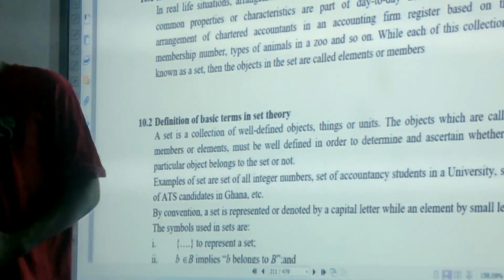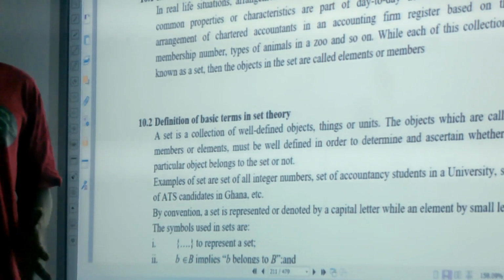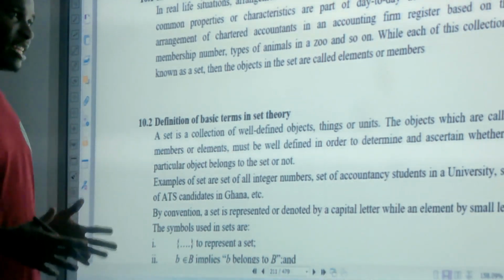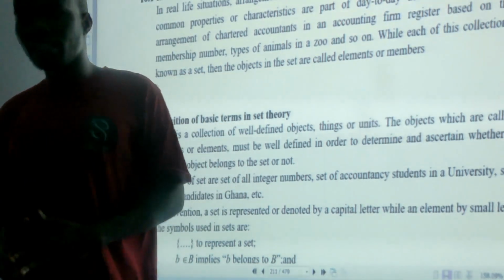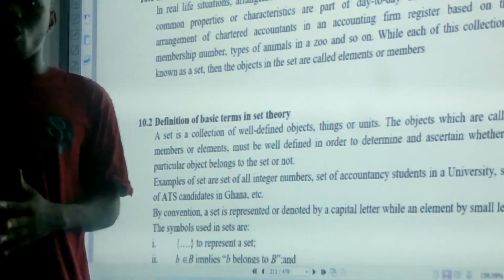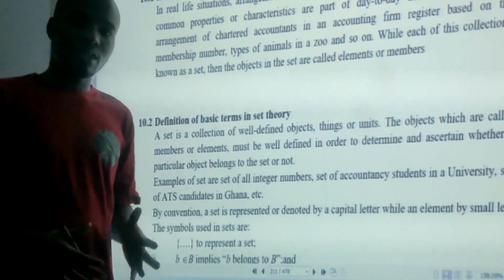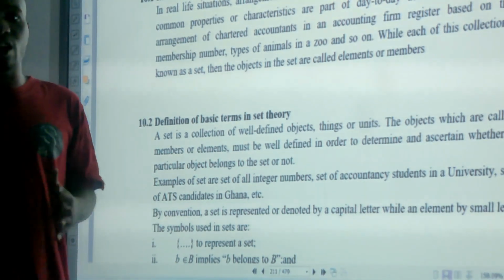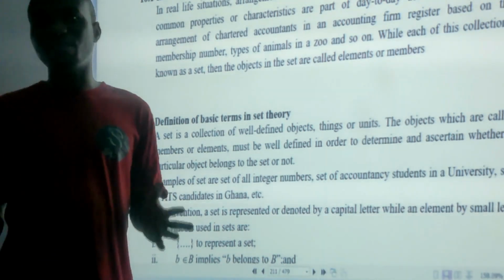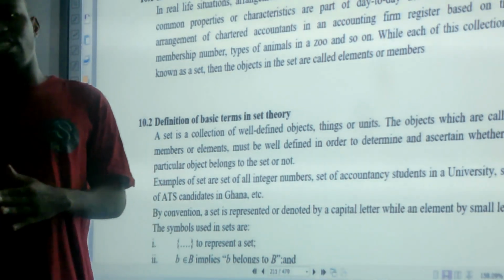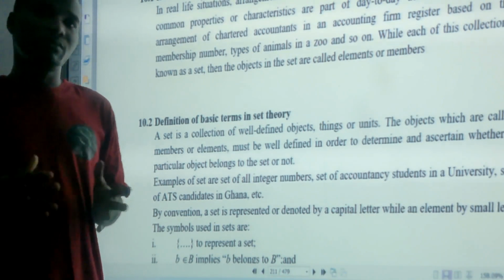When defining a set, we use a capital letter to represent it. So you can define the organization as a whole, or complete set. In that organization we are going to have different departments, and in each department we are going to have different members.